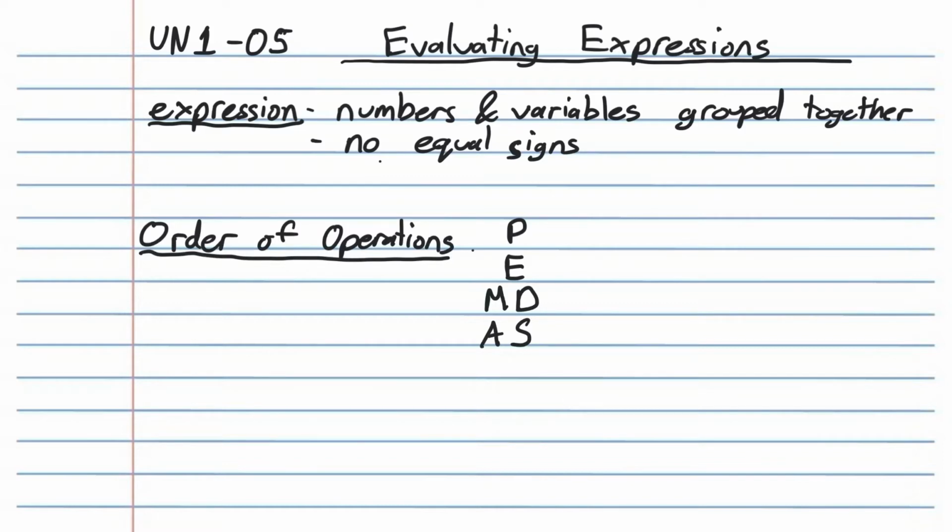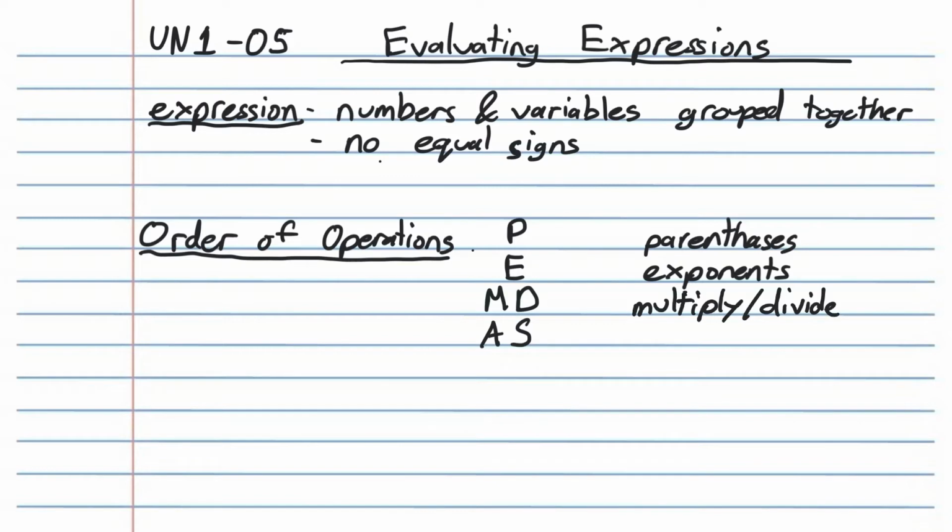So according to this, the way you have to work through a problem is you start off with whatever is inside parentheses. And then you can work your way to E, which is exponents. The reason why I put M and D on the same line is because multiplication and division happen at the same time. So multiply/divide.